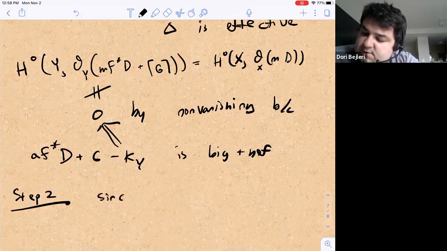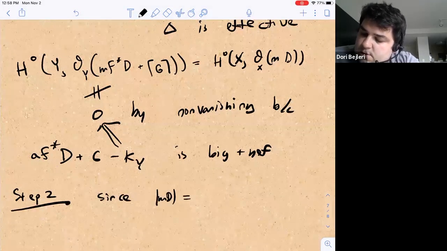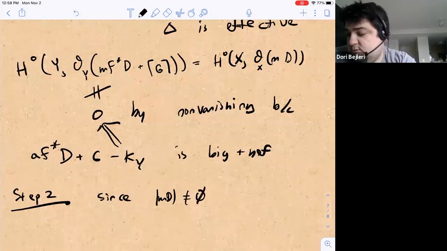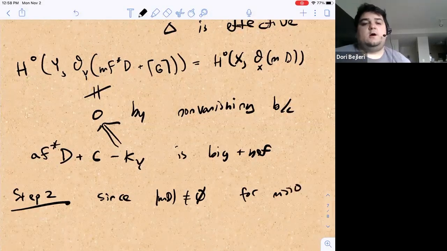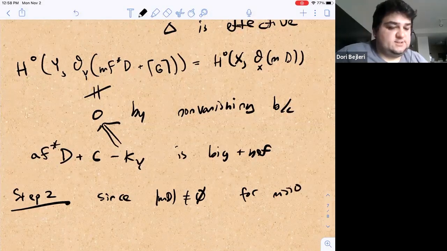Now, since MD is not empty for M large, now we can actually consider its linear series.